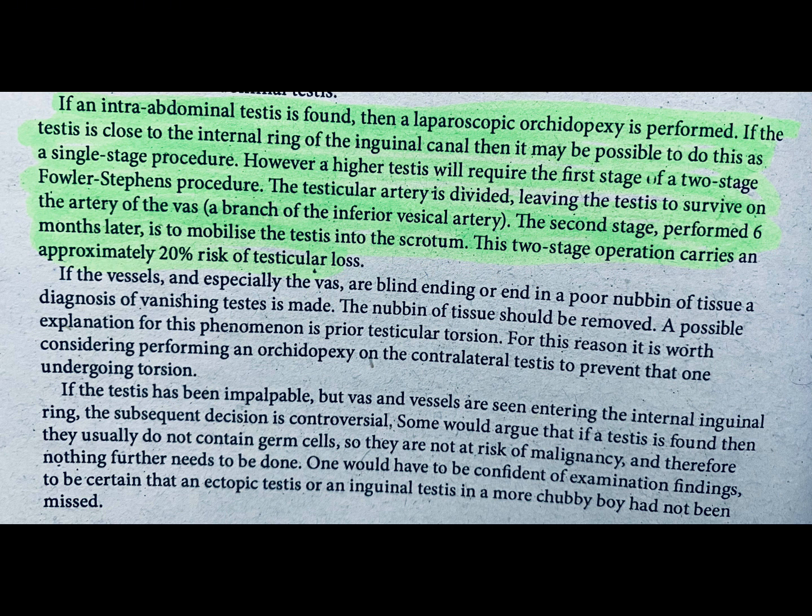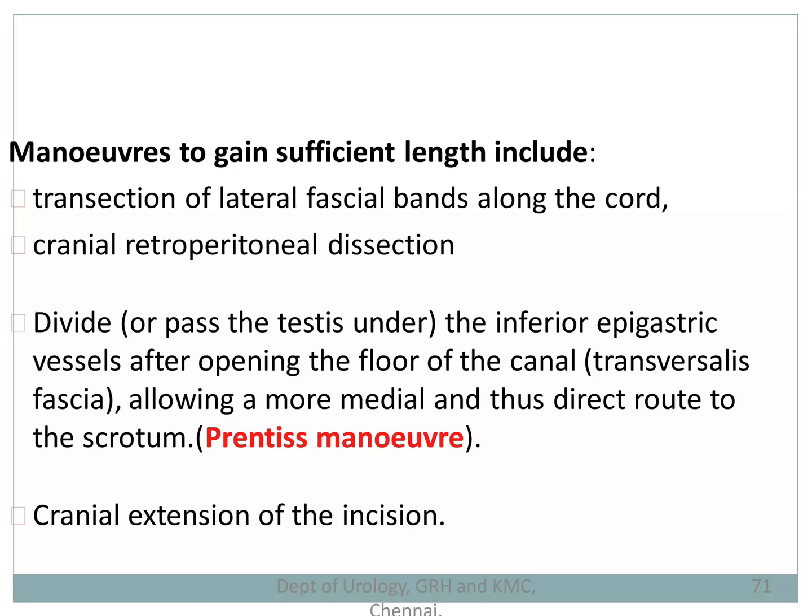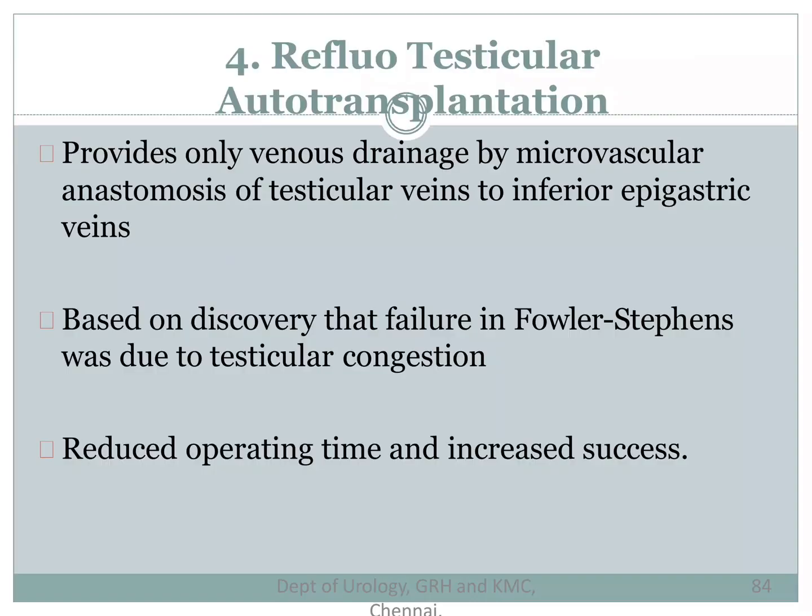Now what are the other important considerations if you want to bring the testis down in a second stage, but you are unable to bring the testis down? You can apply the Prentiss maneuver, which is passing the testis under the inferior epigastric artery by opening the floor of the canal, meaning the transversalis fascia, and this allows a more medial and thus more direct route to the scrotum.